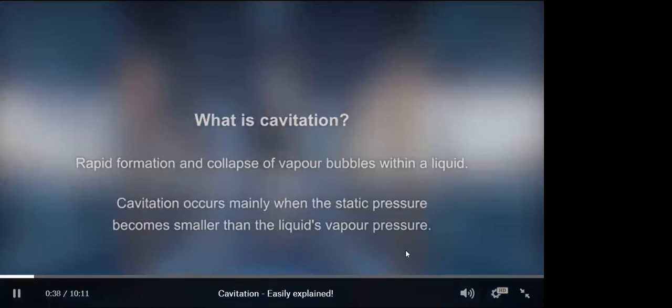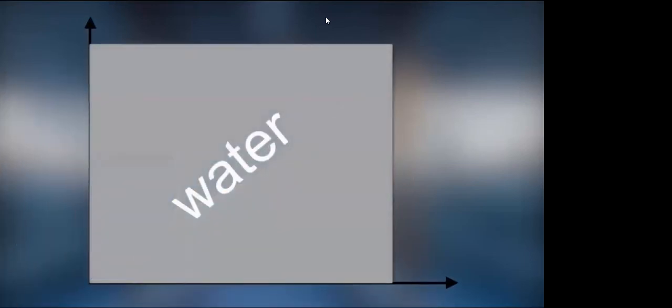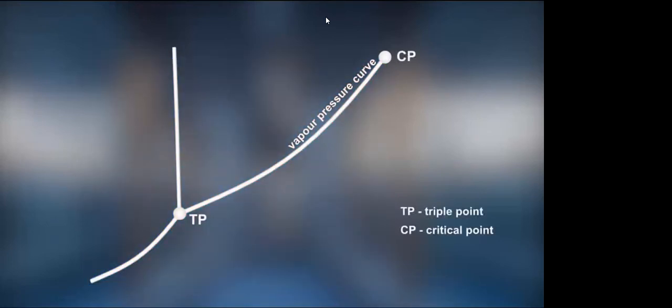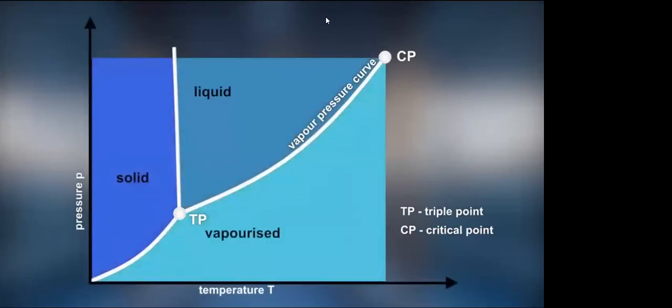The phase diagram of water shows if water is in its gaseous, liquid or solid state, depending on temperature and pressure. The horizontal axis of a diagram represents temperature, while its vertical axis shows pressure. The vapor pressure curve is part of a phase diagram. It indicates at which pressures and temperatures water evaporates from liquid to vapor or condenses from vapor to liquid.